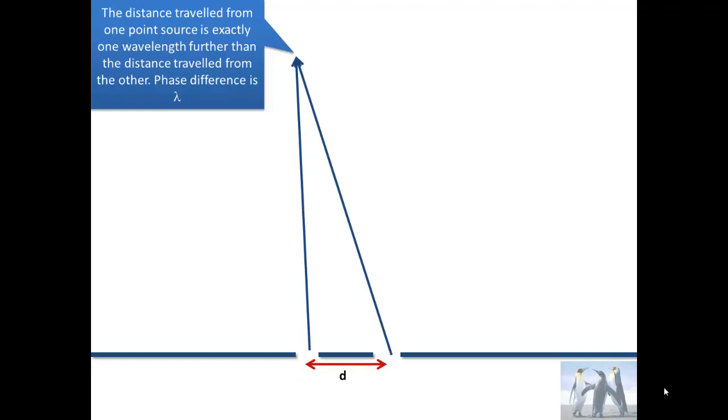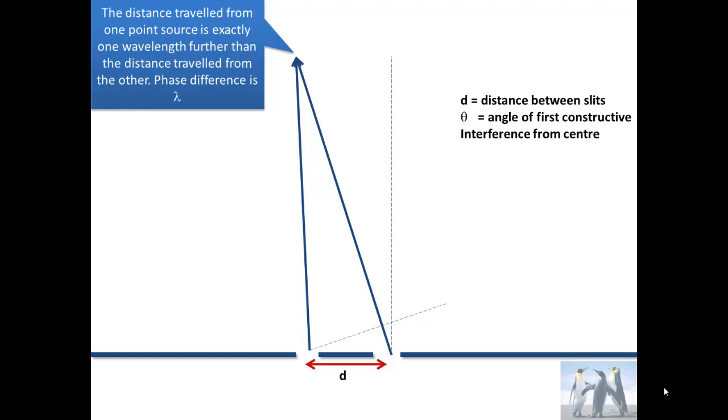And here we need to look at the geometry of the situation. We call the distance between the slits, or the distance between the sources, d. We draw the perpendicular to the right beam. So d is the distance between the slits, and theta is the angle of first constructive interference from the center. This is the perpendicular, this is the angle.